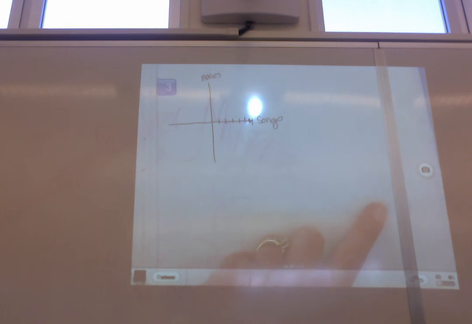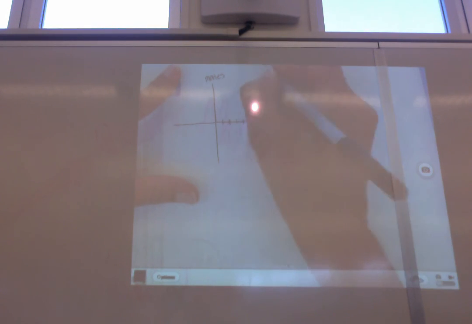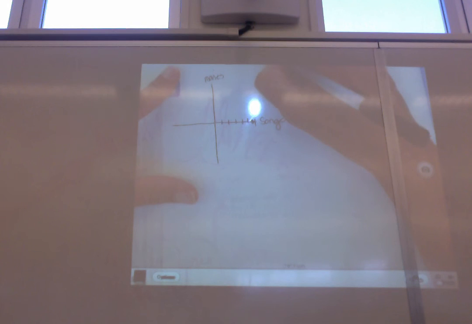Number 5 is going to ask us for the opposite thing, I bet you. Number 5. Ernesto, could you read 5 for us? Okay. So no songs. So again, no equals 0.